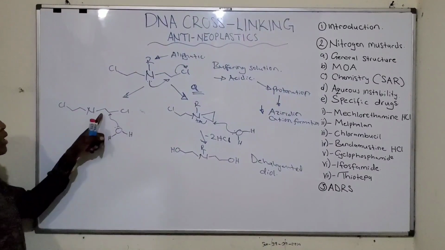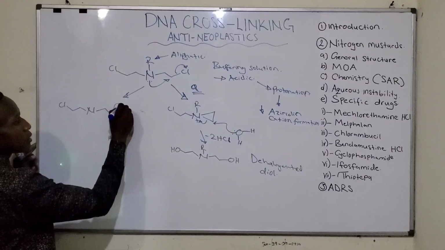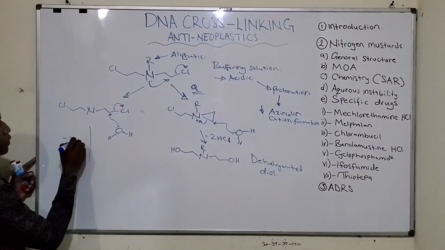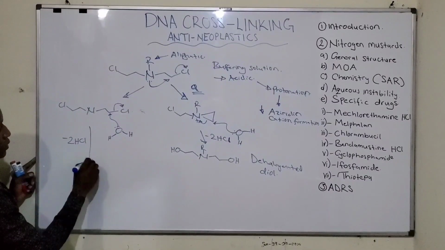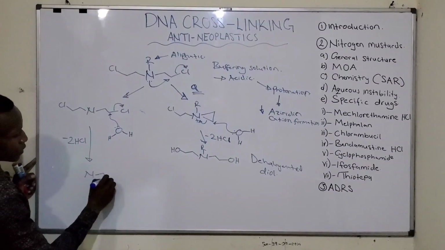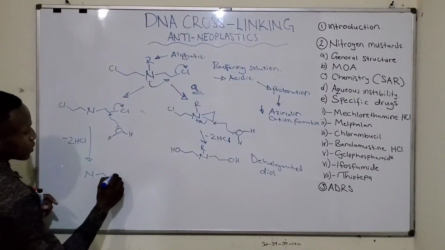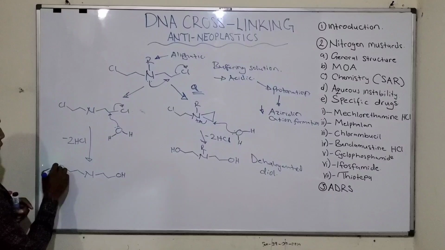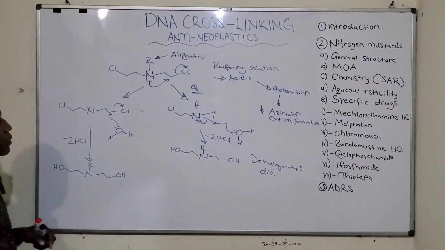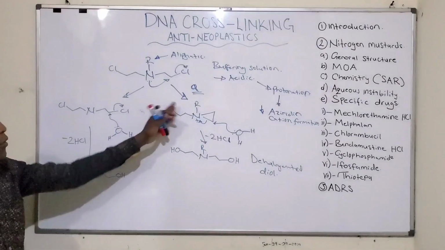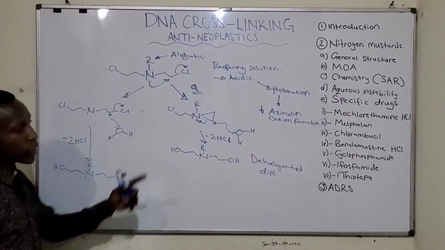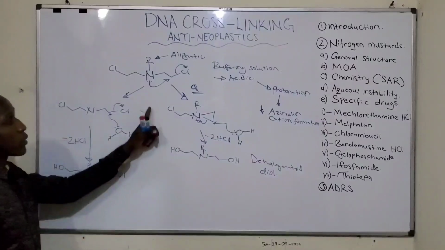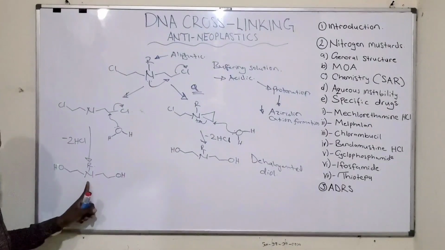This oxygen attacks the carbocation directly. Then the chloride goes. We shall have loss of 2 hydrogen chlorides, then we form the dehalogenated diol with the R group. So these are the 2 different pathways which we can have in aqueous instability. We can have the formation of the aziridine cation, or we can form the diol directly.